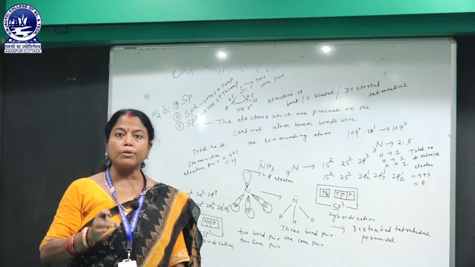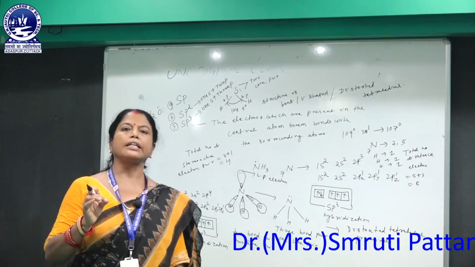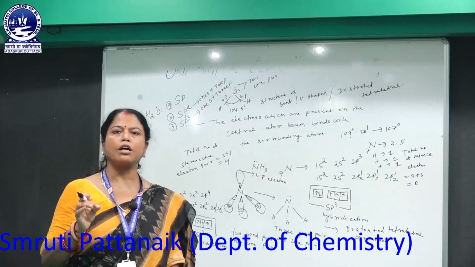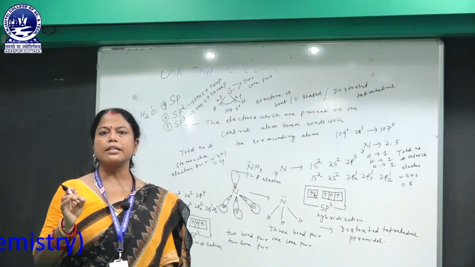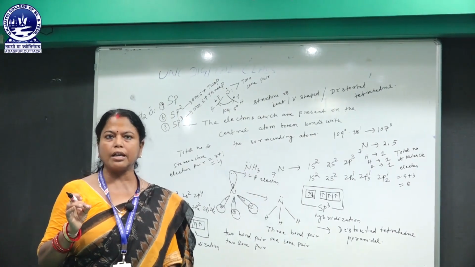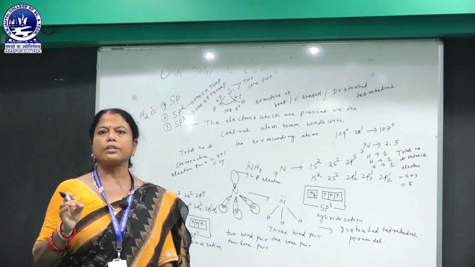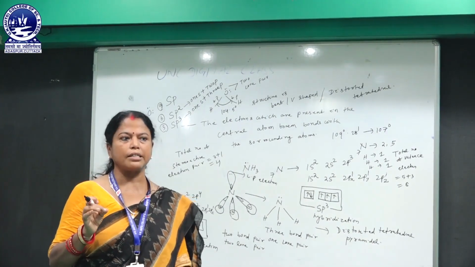Again, coming to sp hybridization, this is also called diagonal hybridization, because on the basis of sp hybridization the shape of the acetylene molecule is predicted, that is linear shape, and the bond angle is equal to 180 degrees. Therefore it is called diagonal hybridization.